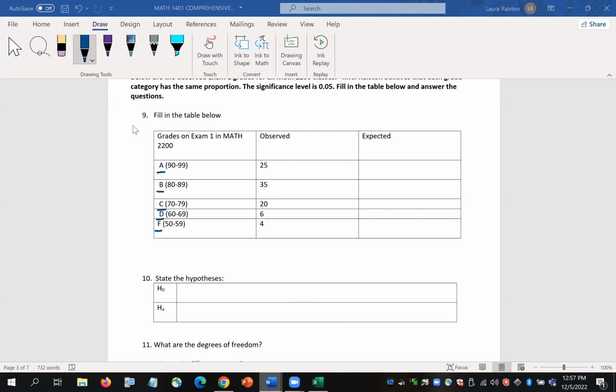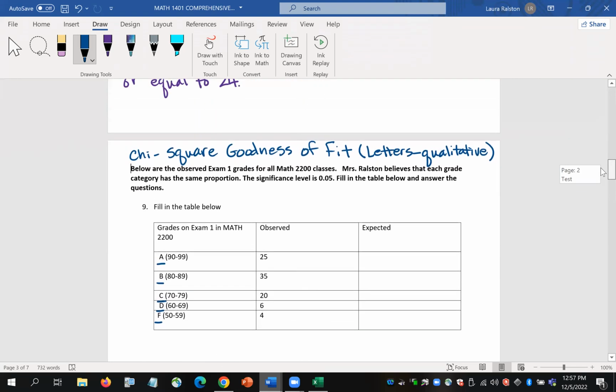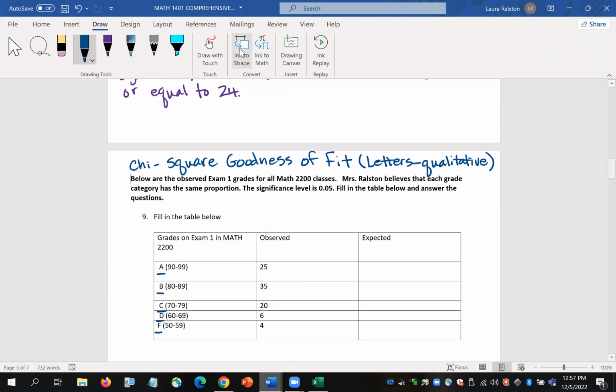All right, I'm gonna skip number 9 for just a minute because Minitab is gonna do that work for me and calculate the expected value. So I'm gonna skip number 9 and go to our first step in a hypothesis test, which is to state the hypotheses. If I read this question, it says below are the observed exam 1 grades for all math 2200 classes.